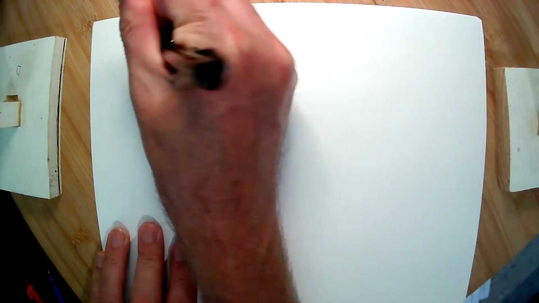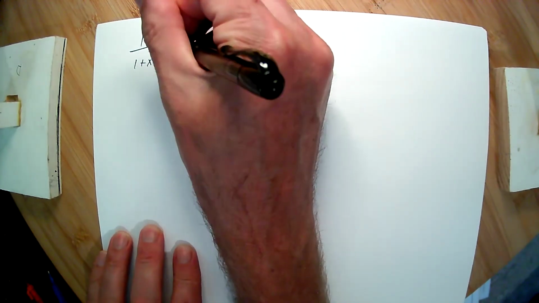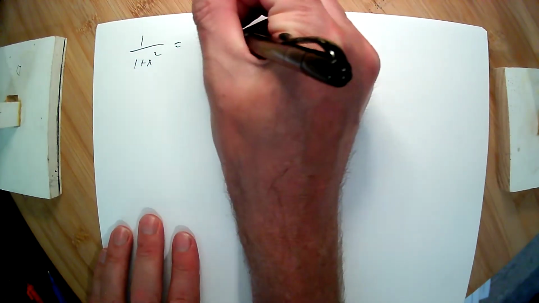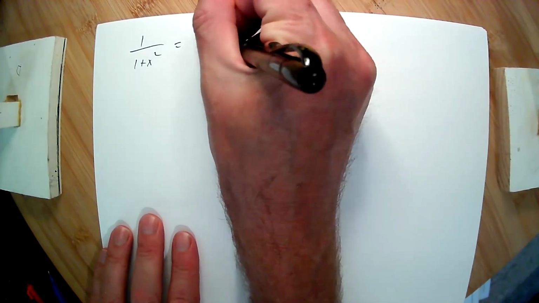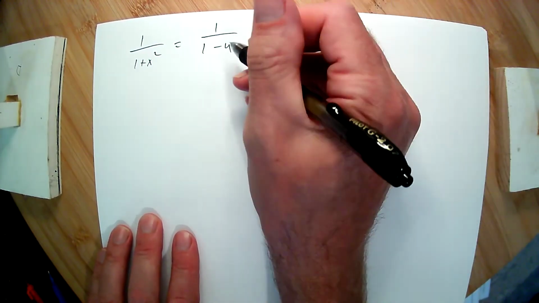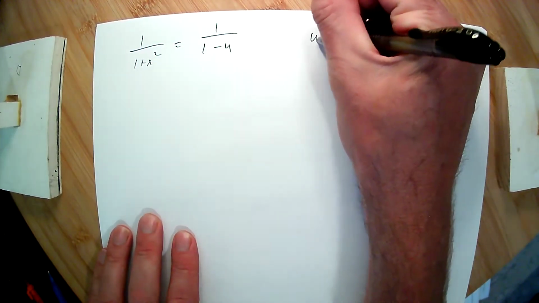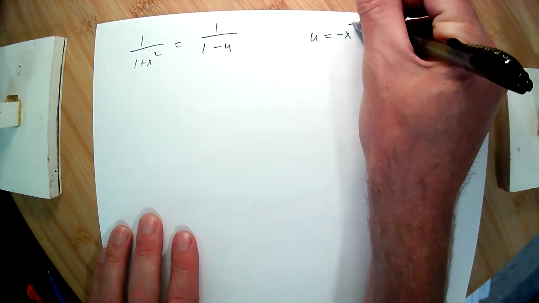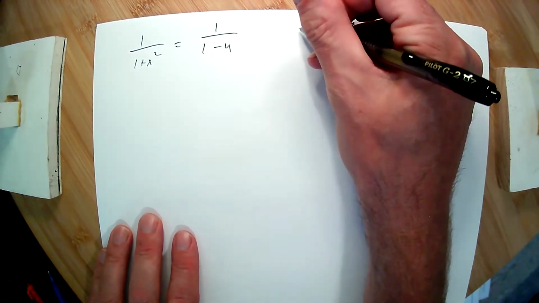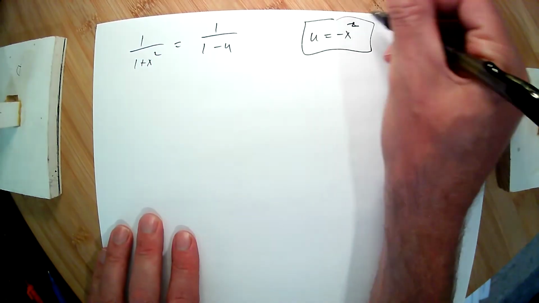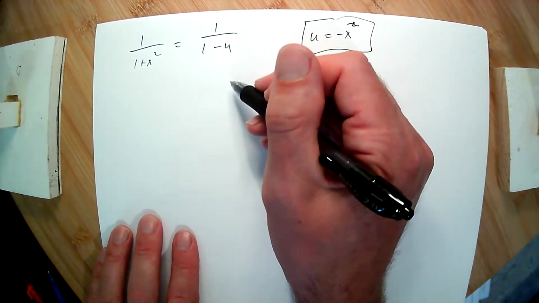So here we've got 1 over 1 plus x squared. Again, if I wanted to think of that as 1 over 1 minus u, what would u have to be? Well, u would have to be minus x squared in order for that to work. So that needs to be the substitution. It's the same idea as before.